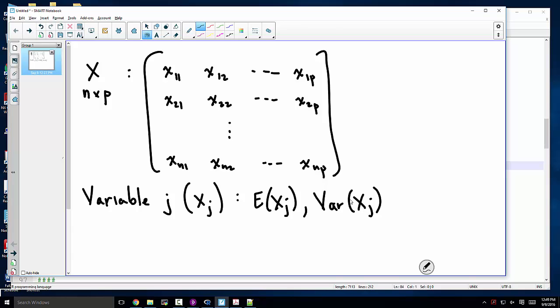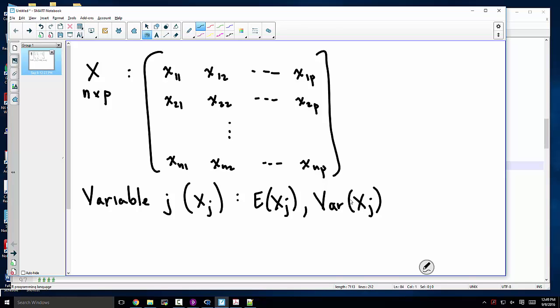So we would have this for all p variables, but because these p variables are measured simultaneously on each of the individuals, it's a multivariate data set in the sense that simultaneous observation of multiple variables, multivariate, not just one number per individual, but p.